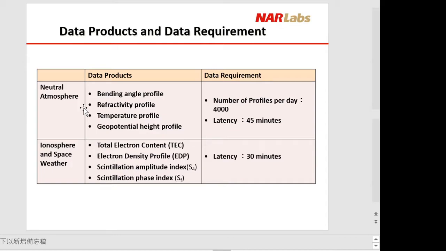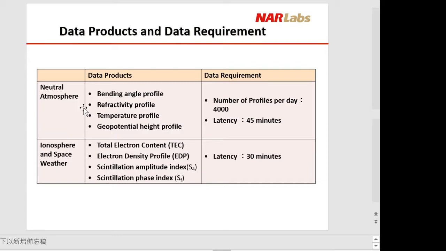Data latency is from the point the measurement is collected to the point the data has been processed and can be assimilated into the numerical weather prediction model. The 45 minutes here is a median number, which means 50% of data is within 45 minutes.